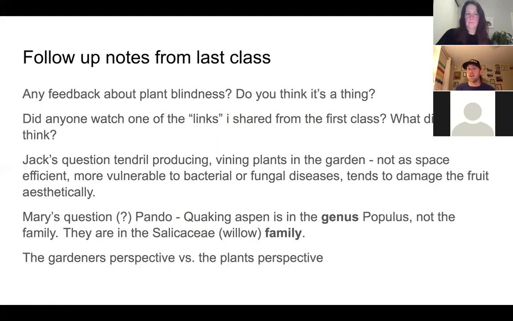So in that sense, a vining plant growing along the soil can affect its growth. And then also, if we think about our context here in the Bow Valley, I don't see too many people with big enough yards to have a lot of space for growing plants. And so space efficiency is a really important thing.